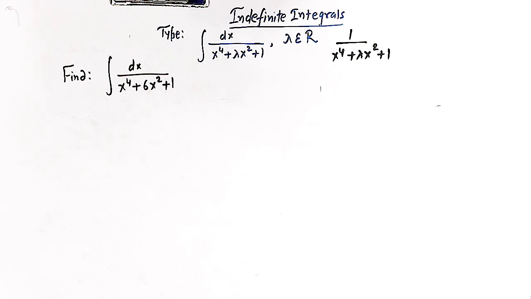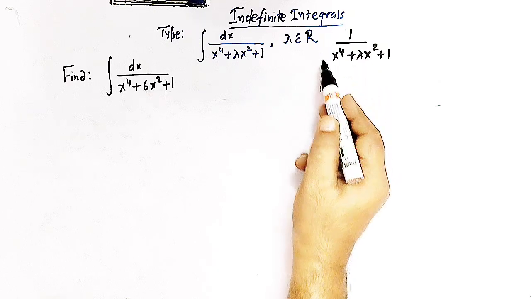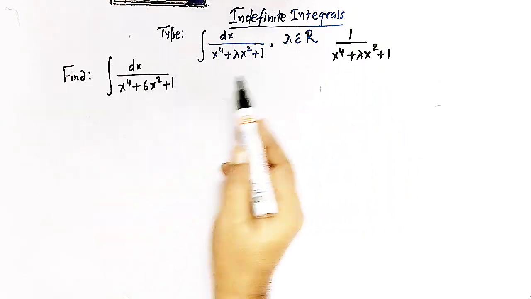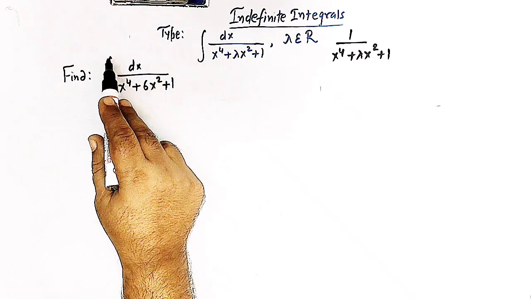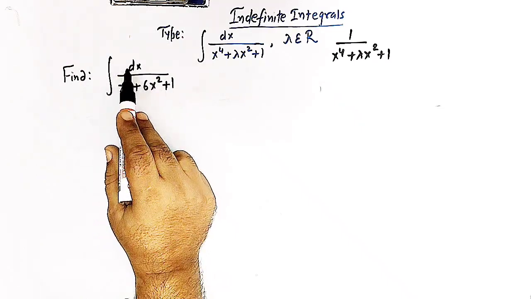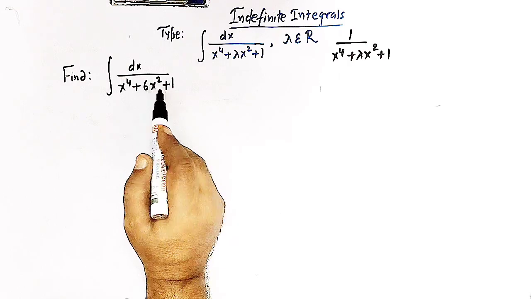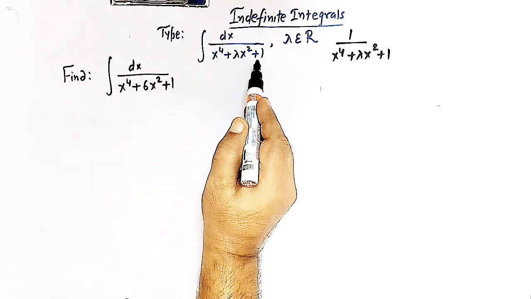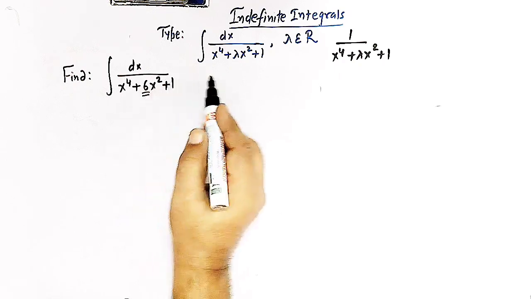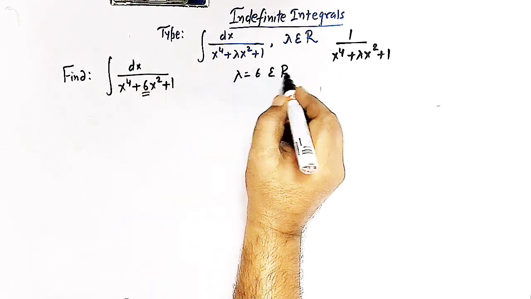So here we'll see whenever we come across integrands of this type, that is, in the given problem we have to integrate this function, that is dx over x raised to 4 plus 6x square plus 1. So this expression is of this form where lambda is equal to 6, which belongs to the set of real numbers.